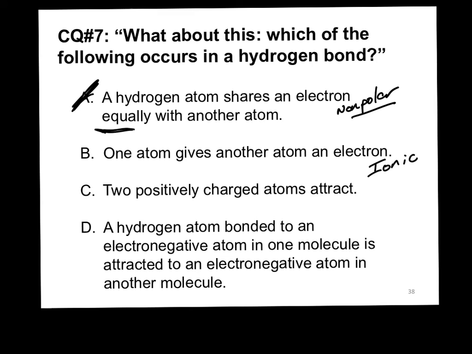Certainly, and again, both of these are dealing with atoms. Hydrogen bonds happen between molecules, right? C, two positively charged atoms attract. Well, again, first we're talking about atoms, and this is occurring between molecules. So let me write that in.